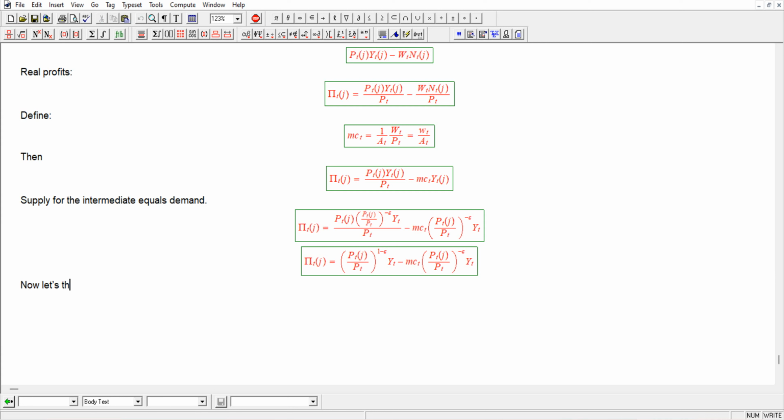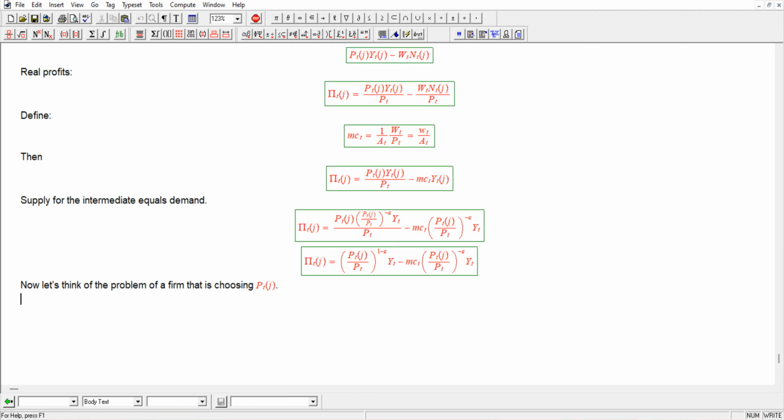Now let's think of the problem of a firm that is choosing P sub t of j, which they might find themselves attached to going forward, as well as being forced to meet demand at that price.